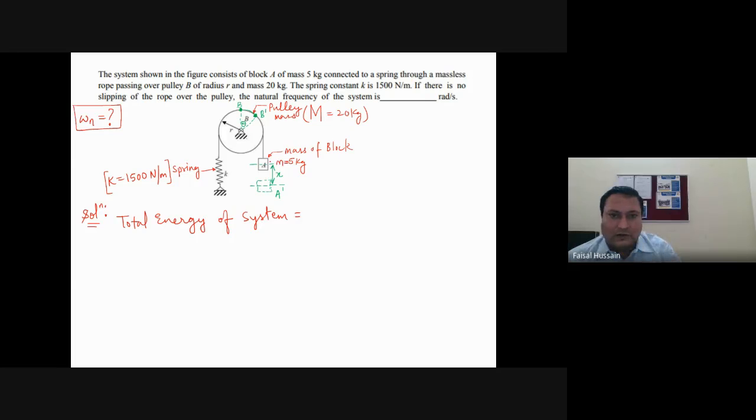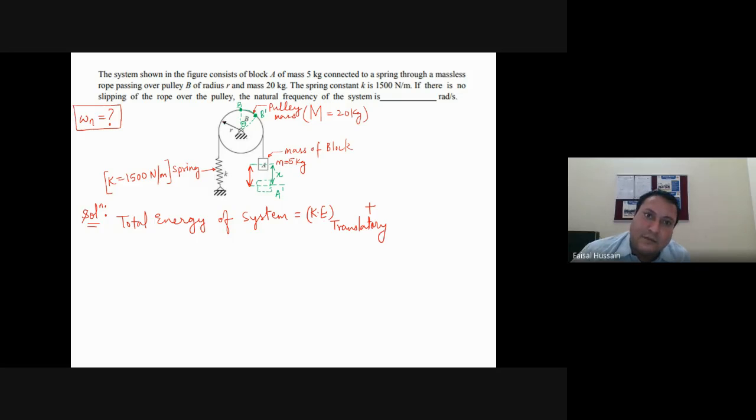So there will be translatory motion, and there will be kinetic energy developed because of this motion, and that will be translatory.